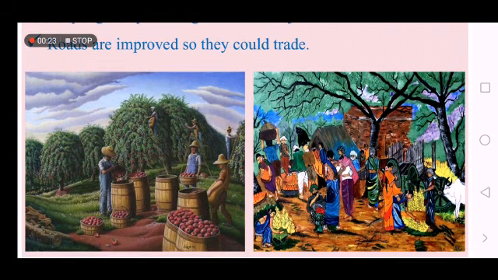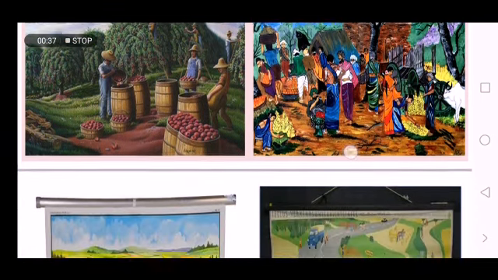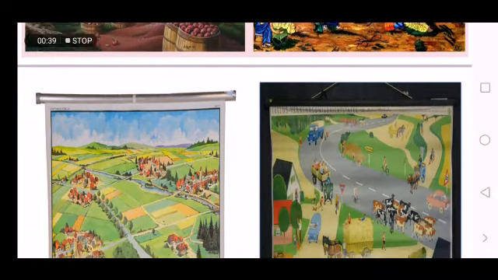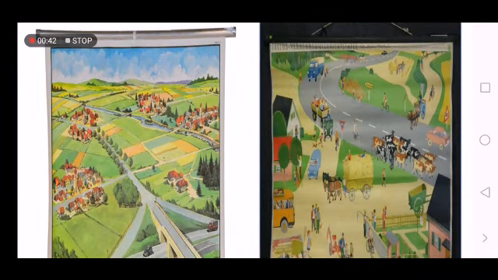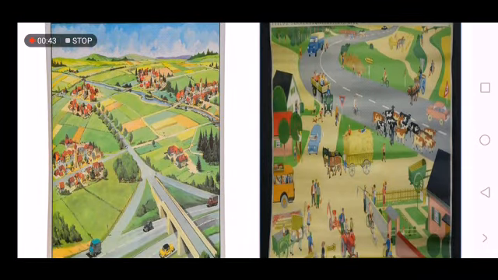And also farmers gave up farming and started doing other types of jobs. They started, for example, trading, buying and selling things. And here you can see even the roads, the houses, everything changed and developed.